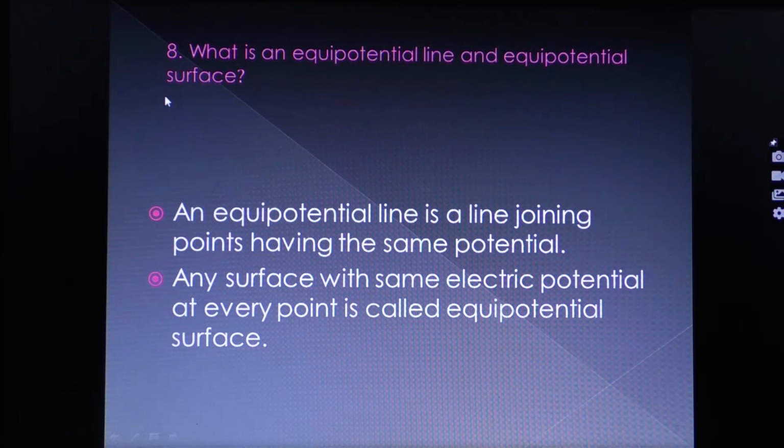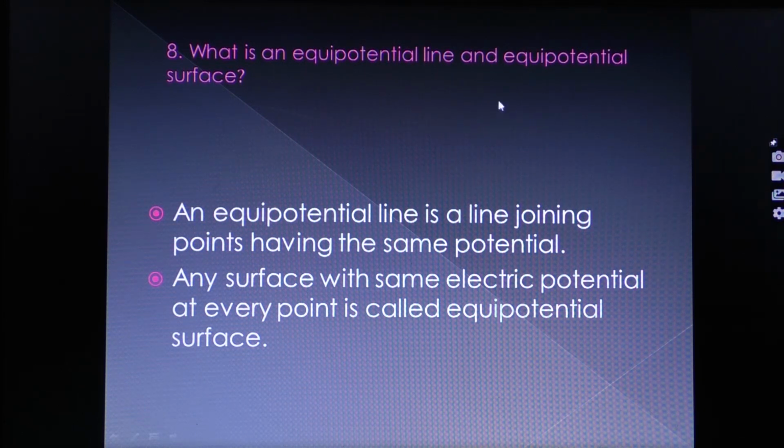Question number 8. What is an equipotential line and equipotential surface? Here you can draw the figure as it is given in the book. See the topic, equipotential lines and surfaces. I told you, an equipotential line is a line joining points having the same potential, in the form of a circular path.